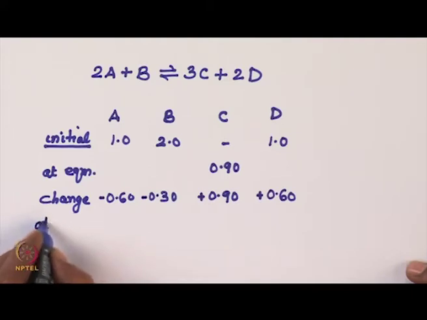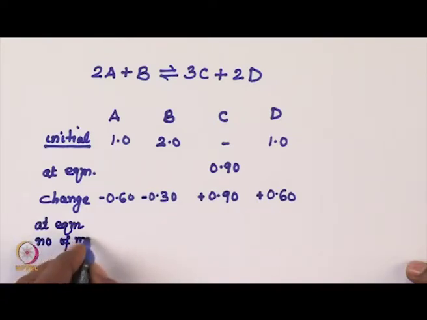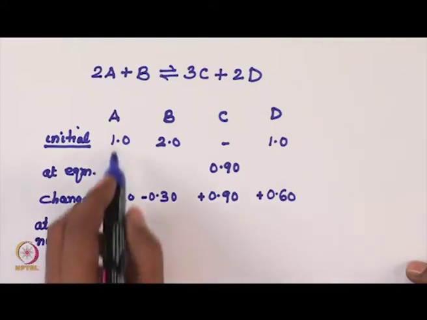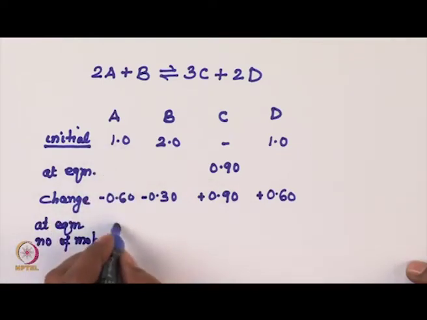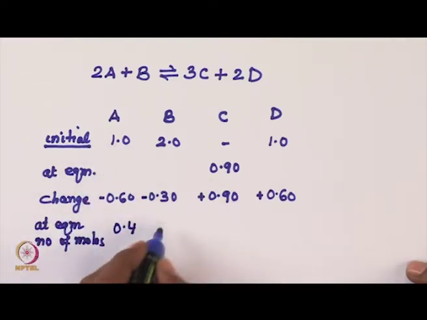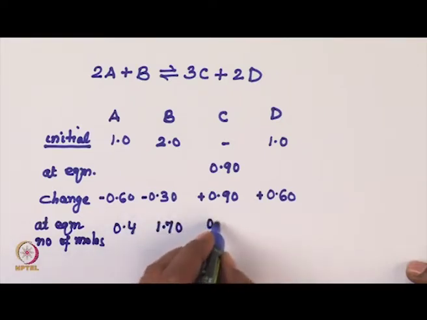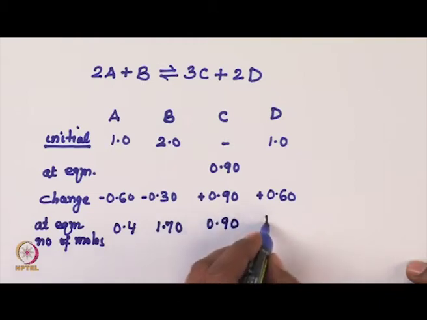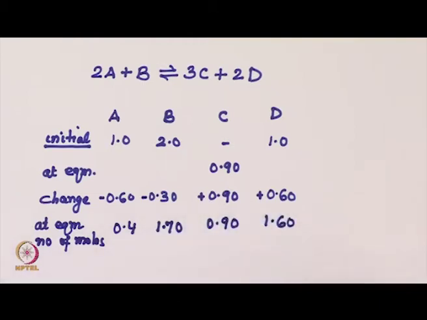Therefore, at equilibrium, the number of moles will be 0.4, 1.70, 0.90, 1.60.